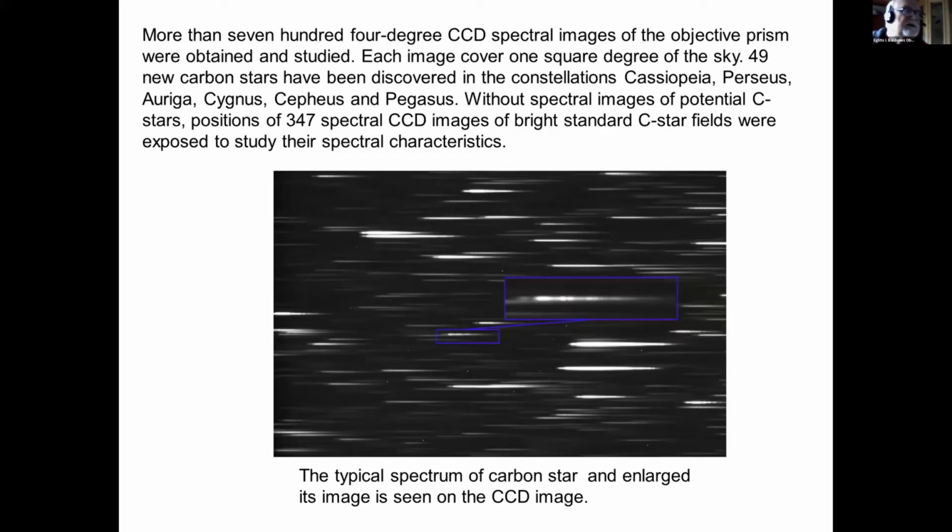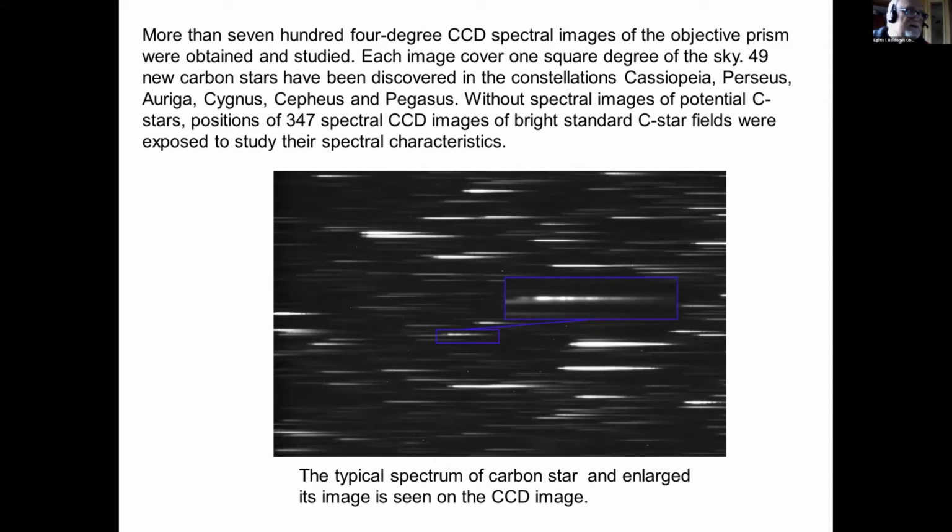The view of carbon stars clearly differs. Here we can see one carbon star, and here we can see typical M stars, and therefore we can check this list of potential carbon stars.